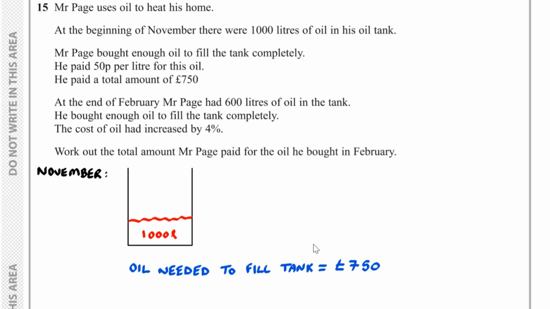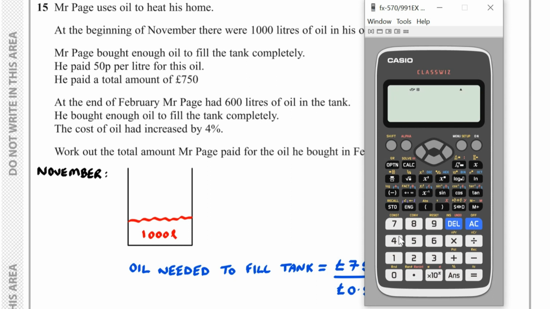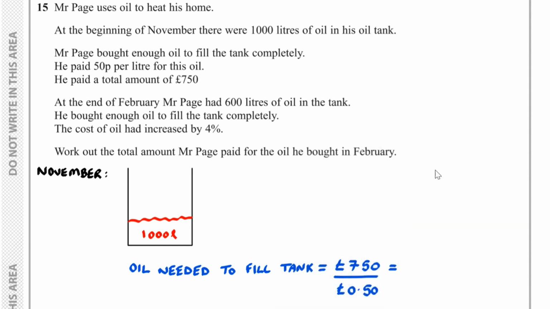Given that it's 50p per litre, we need to find out how many 50p's essentially fill up the £750. So I need to divide this amount by 50p, and if I work that out, 750 divided by 0.5, that is 1500 litres.